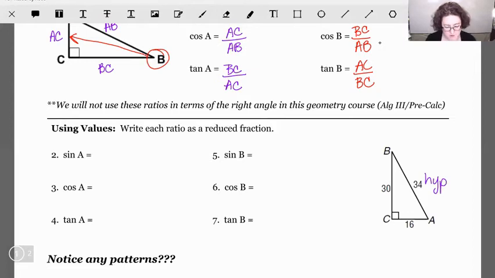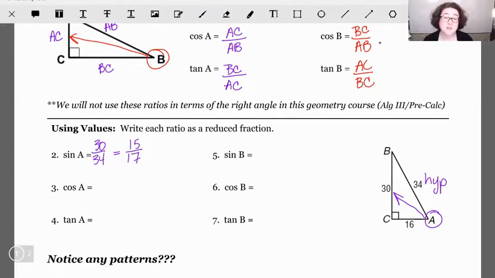Okay, so 2, 3, and 4 are all dealing with angle A. So angle A, my opposite side is 30. So now I can start writing. So sine of A is opposite over hypotenuse. That means 30 over 34. But 30 over 34, can't I reduce that down a bit? Yeah, both of those are divisible by 2, so I could reduce the fraction down to 15 over 17.